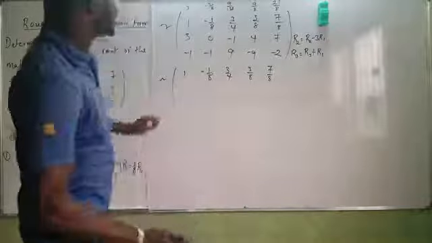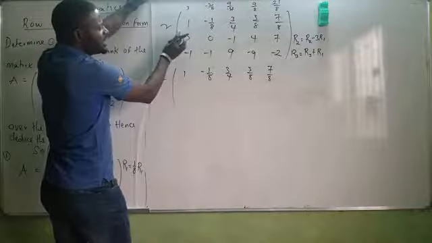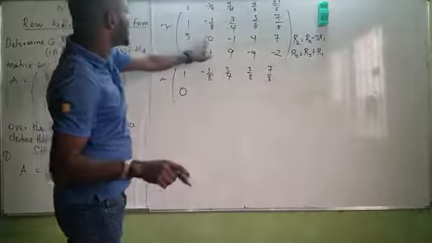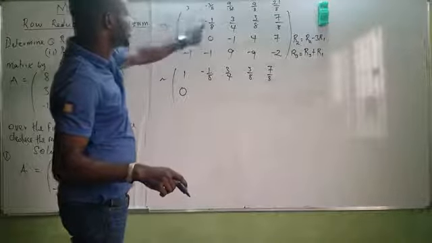Now, can you see row 2 minus this, I'll have 0. That is my target.